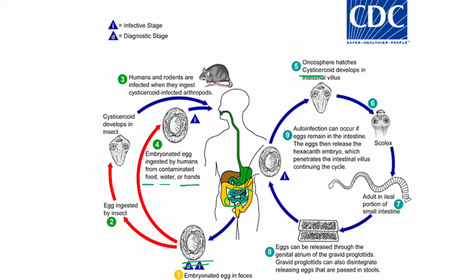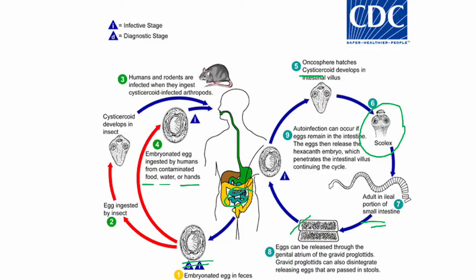These particular larvae will again develop as adults, and the scolex of these adults will attach themselves to the intestinal wall of our small intestine, specifically the ileum part. Upon maturing, the gravid proglottid will be released in the stool together with the eggs, and the cycle continues once these embryonated eggs are ingested by another susceptible human host.